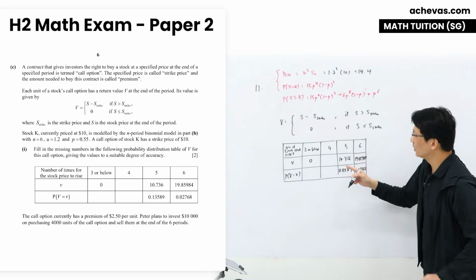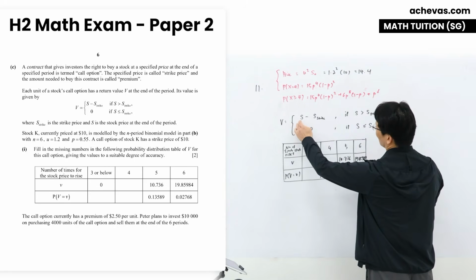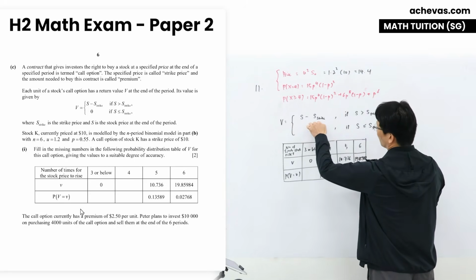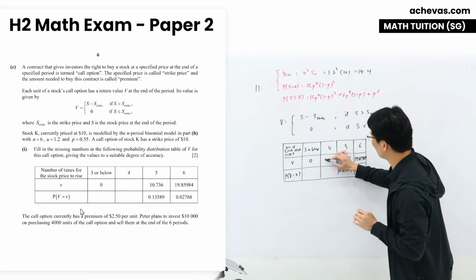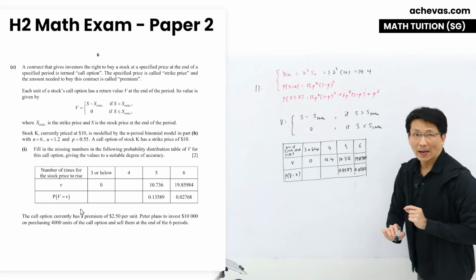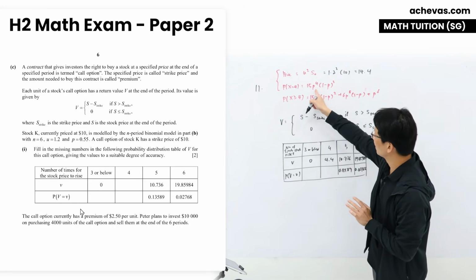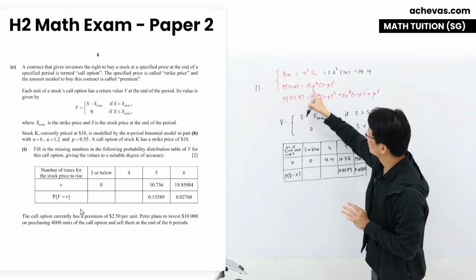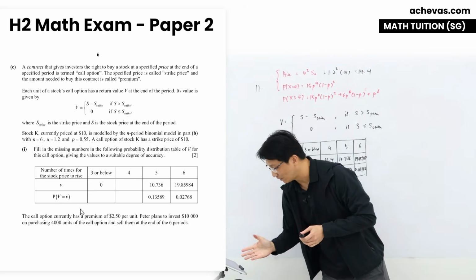And if we want to compute this V, this is equal to this 14.4, which is the final price, then minus away the strike price. Strike price always remains at $10. So this will give me a value of 4.4. And to compute the corresponding probability of this one, it's just this part here because it goes up by 4 times. So this p is given by 0.55 by the question.